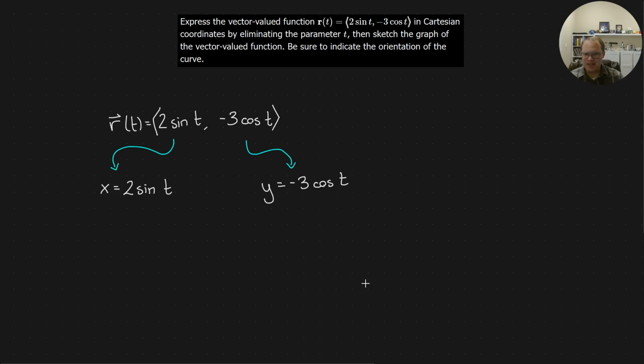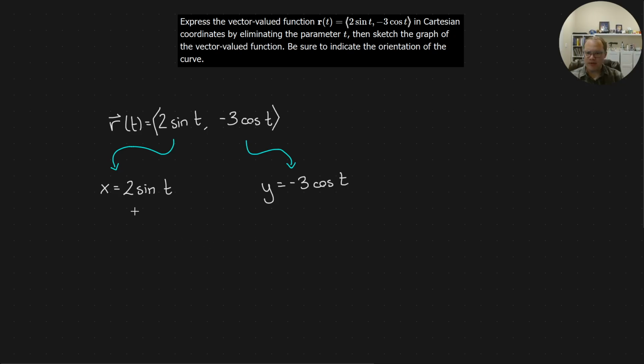But in this example, I can't easily isolate the t because, remember, arc sine and arc cosine are not true inverse functions. And so I'd be losing some information by taking the arc sine or the arc cosine. What's more, these just aren't equal to each other, and there's no obvious way to get them equal to each other, right? So what can I do here?